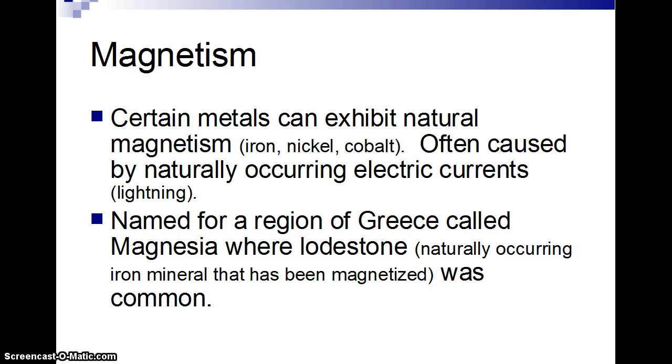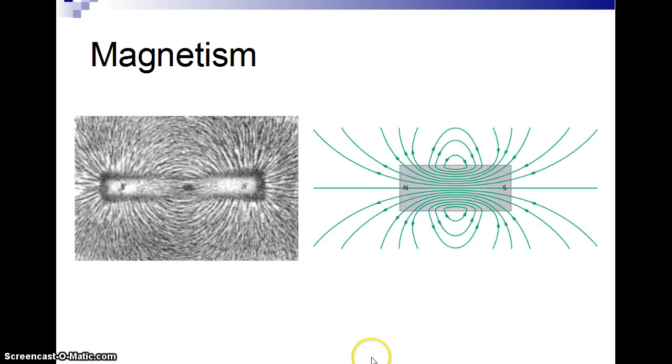So every atom of iron, nickel, and cobalt acts like a tiny bar magnet with a north pole and a south pole. If you get those lined up, you get a big magnet, and that happens with electric currents, things like lightning. There was a region of Greece where this happened a lot, so magnets are named after that place.